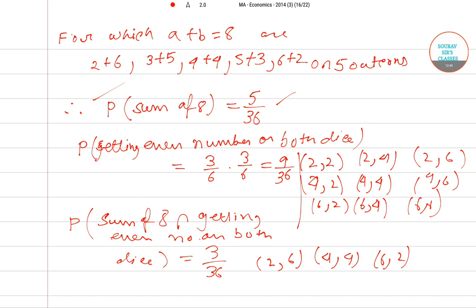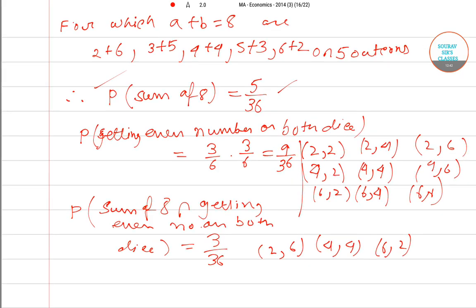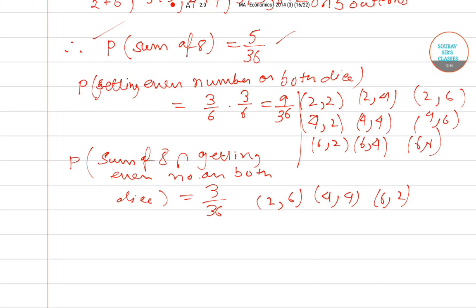Now what we have to do is we'll simply write down the probability of sum of 8 union getting even number on each side.